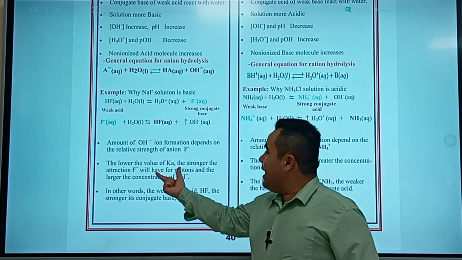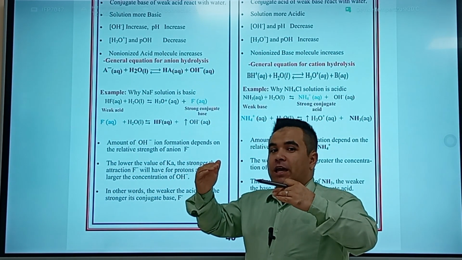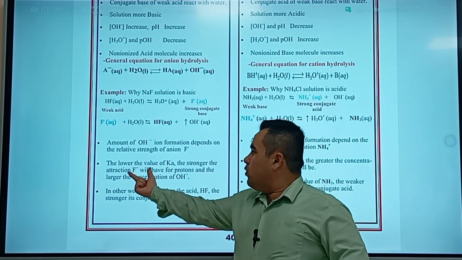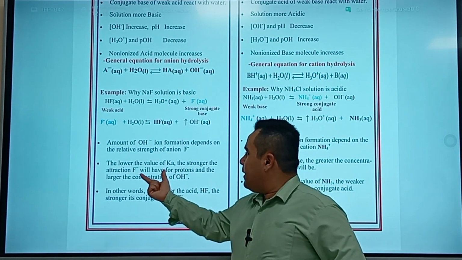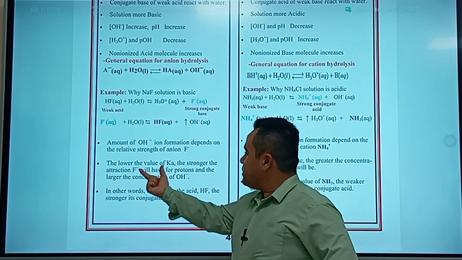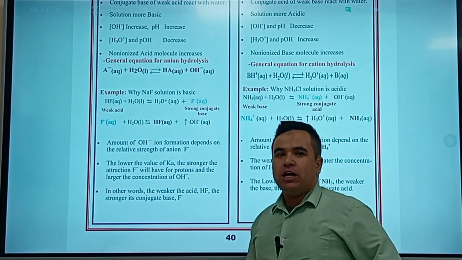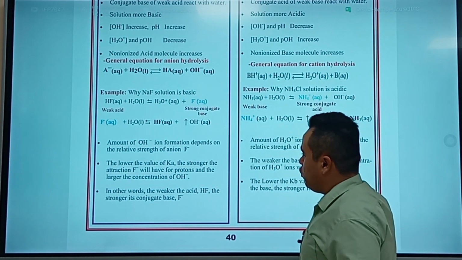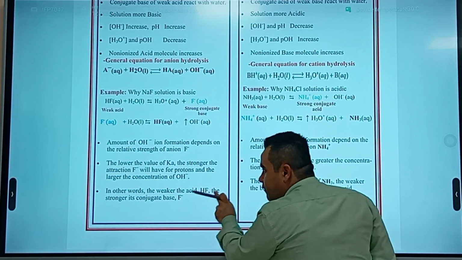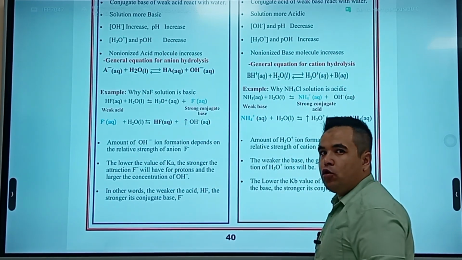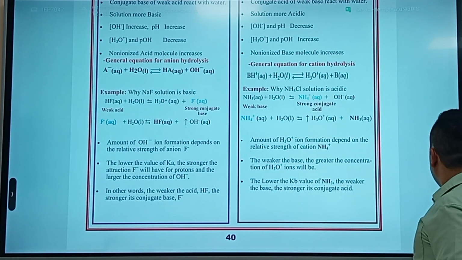The lower the Ka, the stronger the attraction of F negative. The lower Ka means a weaker acid. So a weaker acid produces a stronger conjugate base, which has more attraction for protons, and a larger concentration of hydroxide will be formed in total. In other words, the weaker the acid, HF, the stronger its conjugate base. We talked about this in strength of conjugates previously.